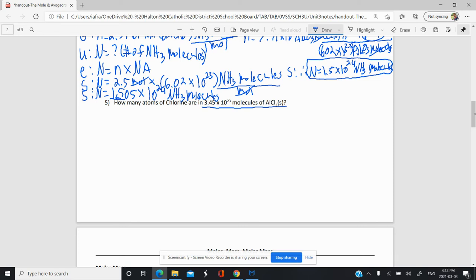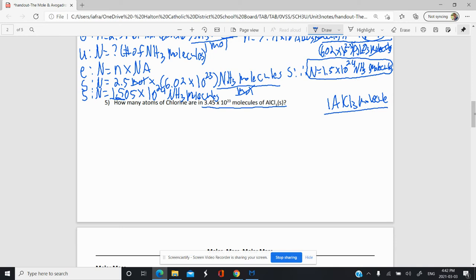We know that in 1 AlCl3 molecule, there are 4 atoms, right? But we're not looking at all the atoms total.